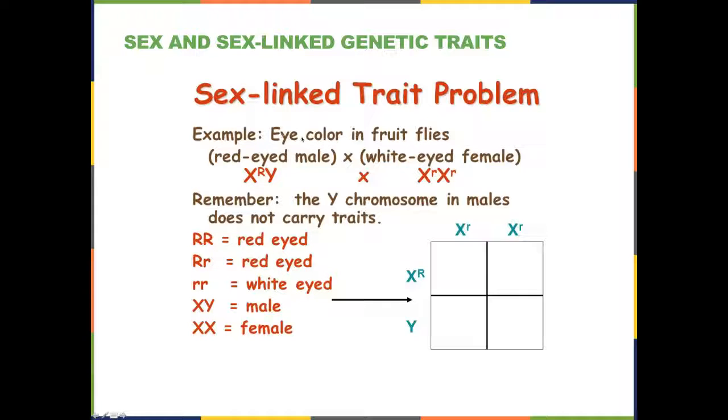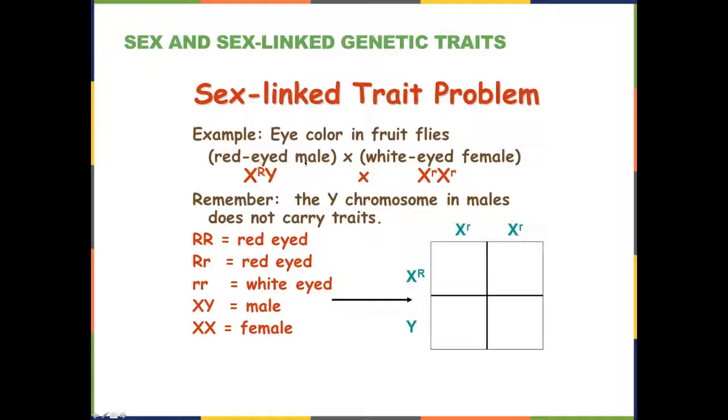Now, as with other traits, you can either be dominant or recessive, and here the eye color is either red or white, and it turns out that white eyes are recessive, so they're represented with little r's, and red eyes are represented with a big R. And it also turns out that this eye color is carried on the X sex chromosome.